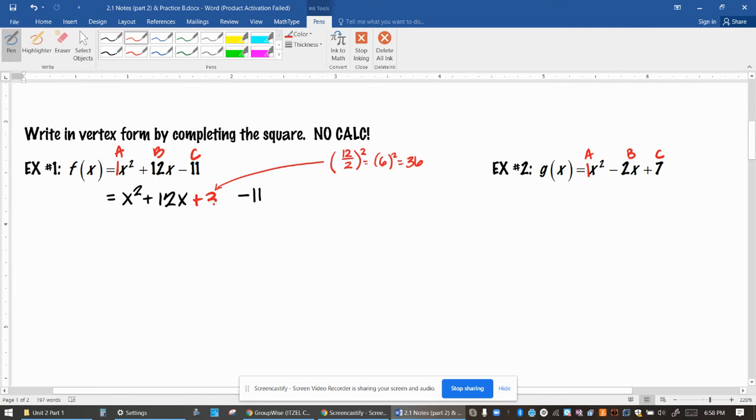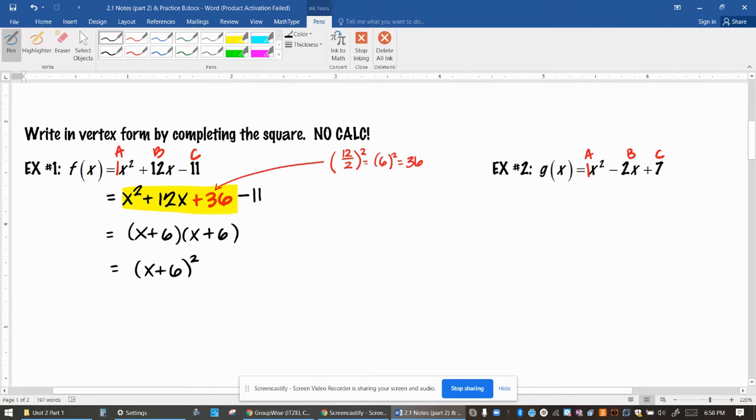So that's half of B squared. Now take a look. This trinomial can factor into two of the same binomials. What numbers multiply to 36 but add to 12? 6 and 6. So look, we can write that as a quantity squared.